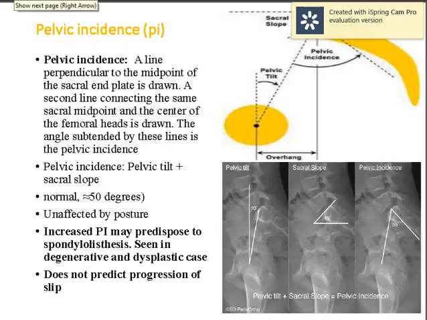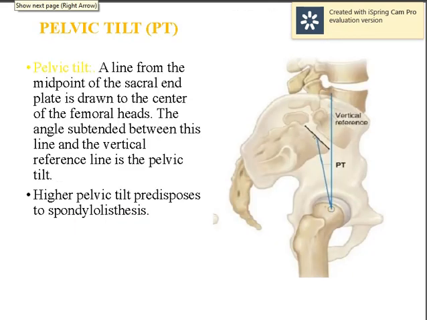The other is the pelvic incidence. Just try to understand the basics: a line perpendicular to the midpoint of the sacral end plate, and a second line connecting the same point to the center of the femoral heads. The angle subtended by these lines is the pelvic incidence. So if it is more than 50, increased PI may predispose to spondylolisthesis.